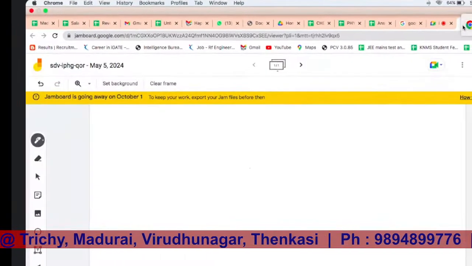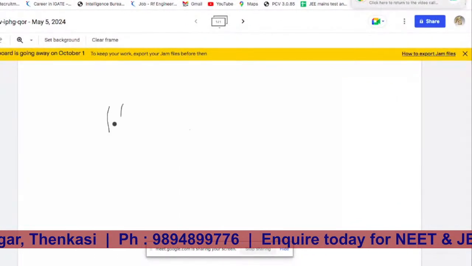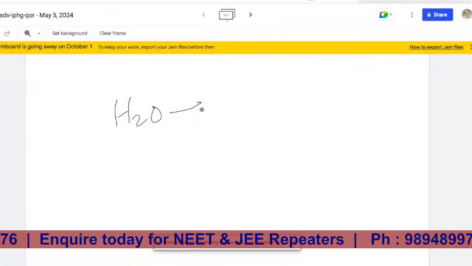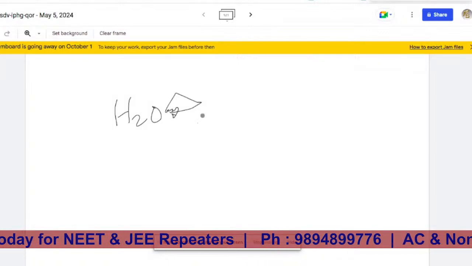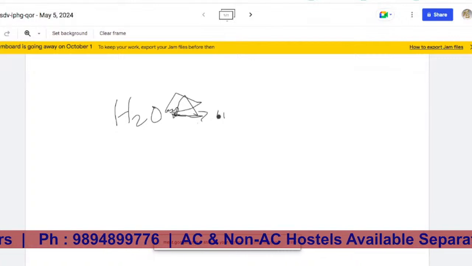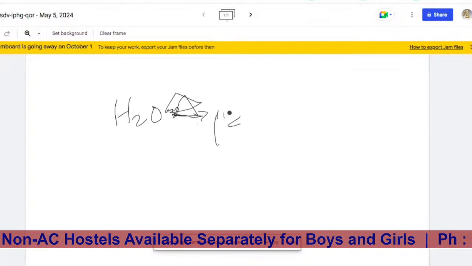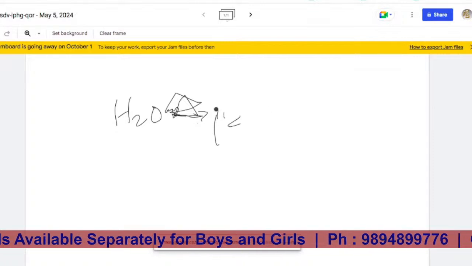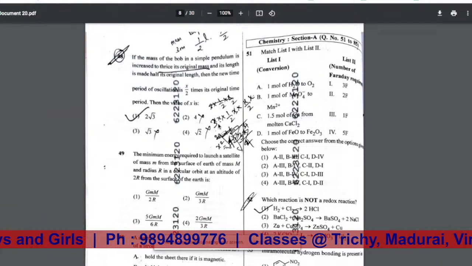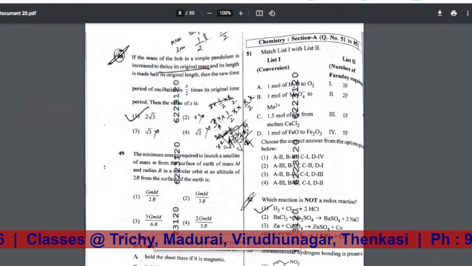2 electrons lost. We will write this reaction: H2O gives O2. In H2O, oxygen is in -2 oxidation state.